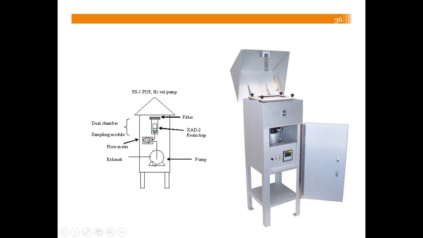You have your pump, an exhaust here, flow meter, and this is where the filter takes place. This is where it traps the particulate matter. And if you look here, you see the different monitoring instruments. Everything is digital on this machine here. So that's your high volume sampler.